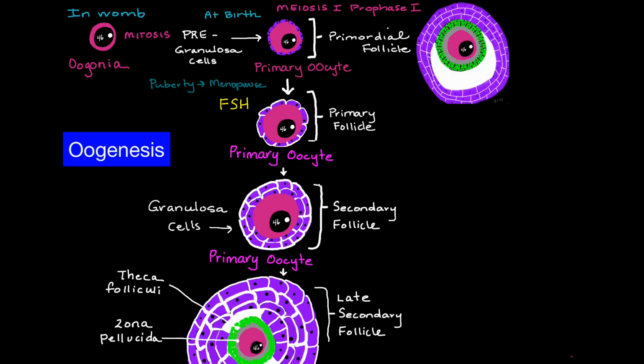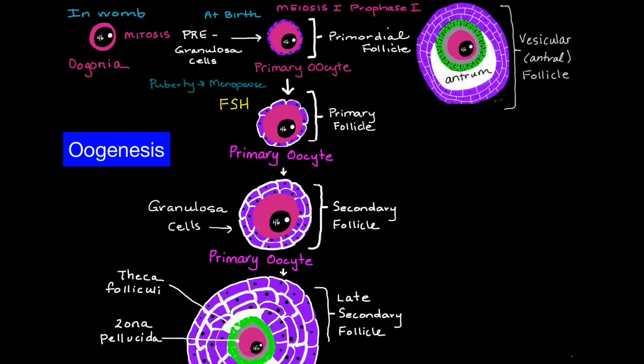Okay, so this process just continues. Now we see this liquid accumulating to a greater extent between the granulosa cells to create this fluid-filled cavity called an antrum. So we now see this fluid-filled space as soon as it's completely solid all the way around our oocyte.